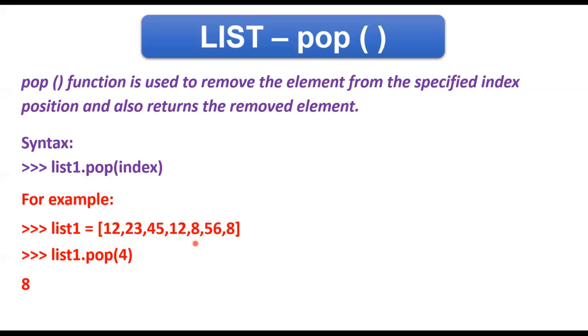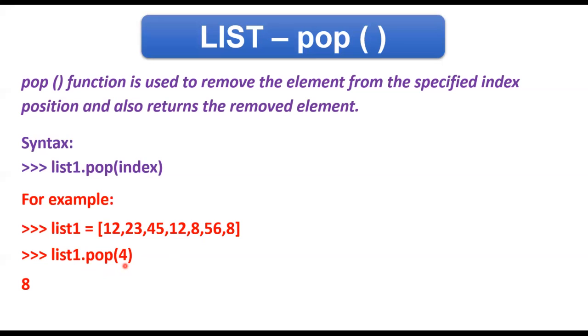So once this statement is executed, I will get 8 as an output. That means my pop function has returned the element which has been removed from location 4. So this is the functionality of the pop function.